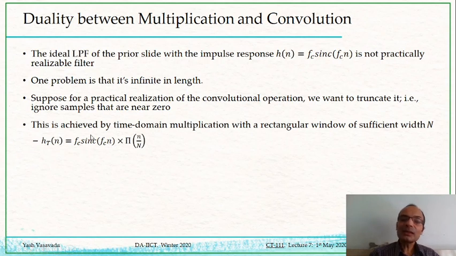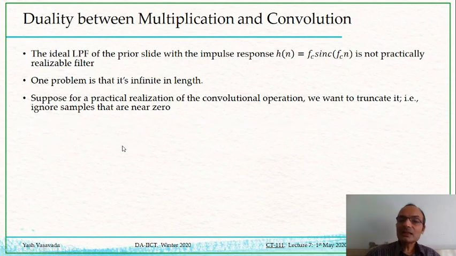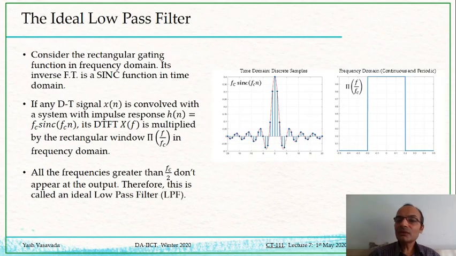For most of the part, it is exactly the same as the sinc function, but some of the values of sinc which are pretty close to zero, we are just ignoring them by multiplication with this gate in the time domain. So what we will get is not exactly the sinc function in time domain. And so what we should expect is that even in the frequency domain, we won't get this nice rectangular pulse anymore. The question is what we will get instead.